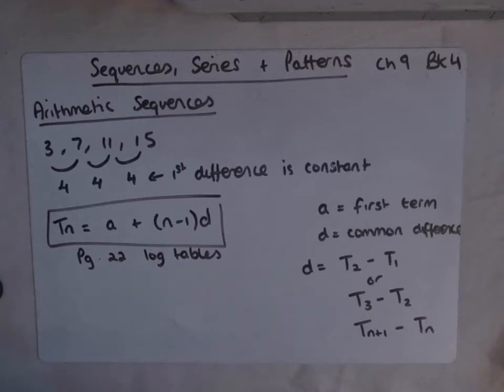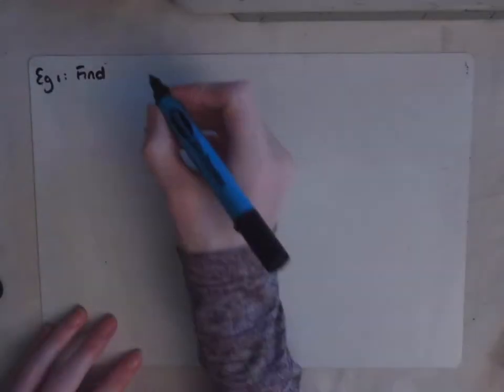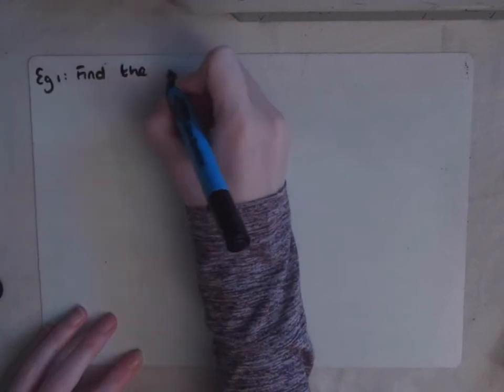Okay. Now we'll just do an example of dealing with arithmetic sequences. Okay, so find the nth term.